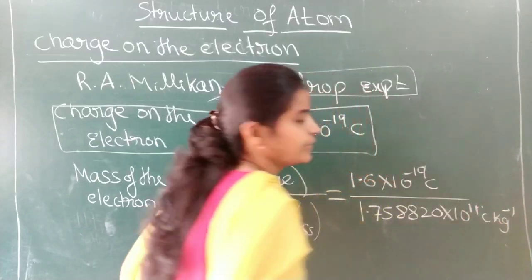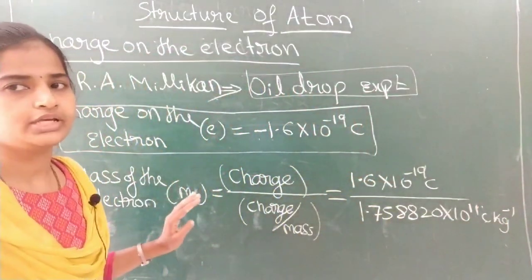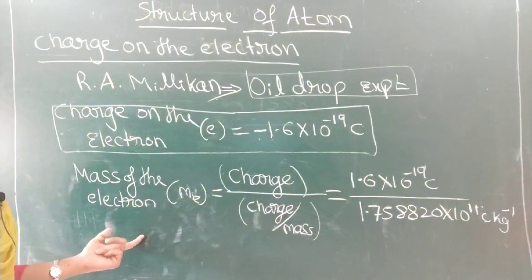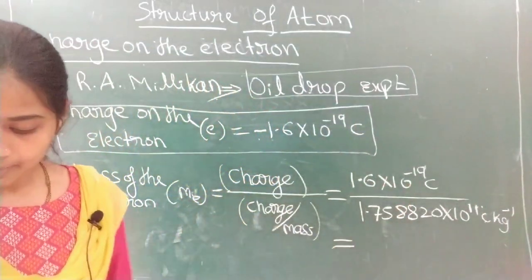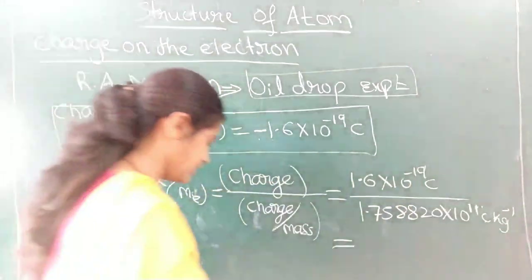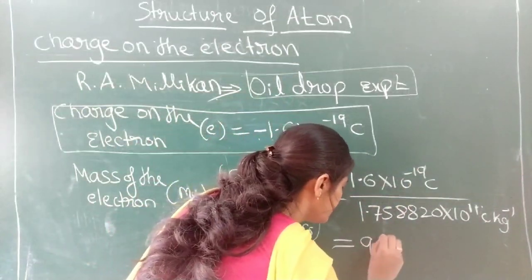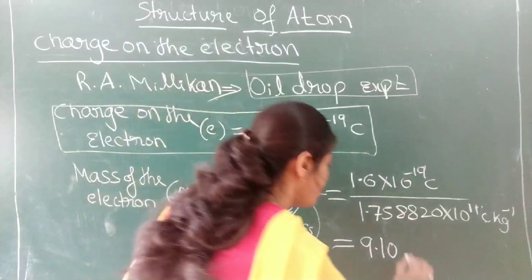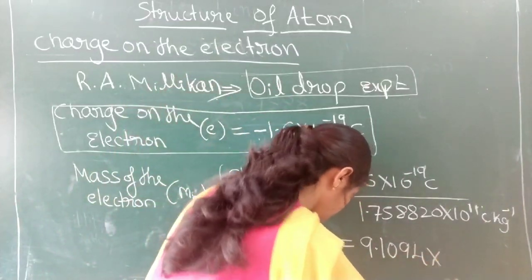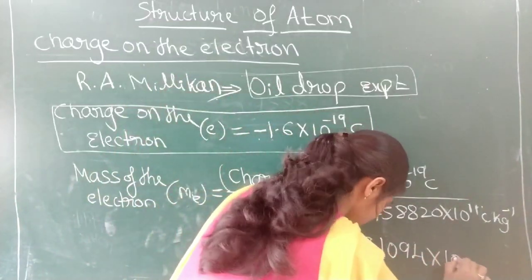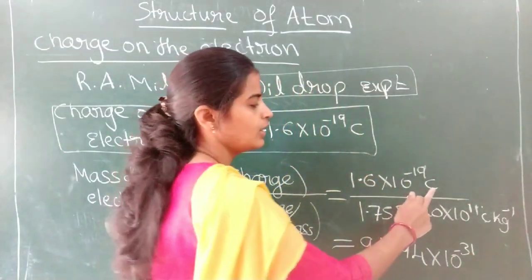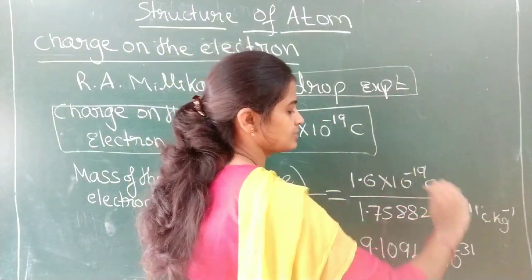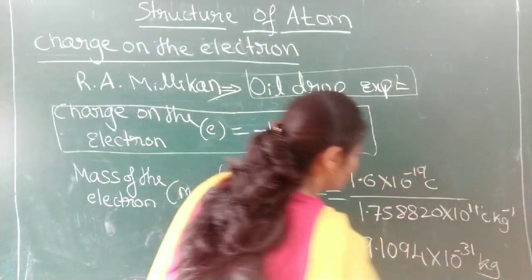Now you can calculate the mass of the electron. Use your calculators. The mass of the electron was found to be 9.1094 into 10 raised to minus 31. Coulomb gets cancelled, and per kg comes up, so it will be kg.